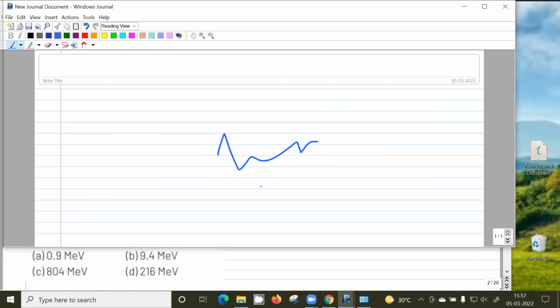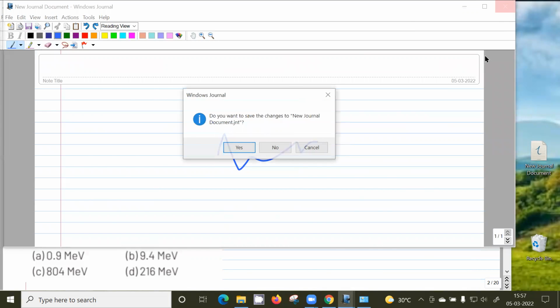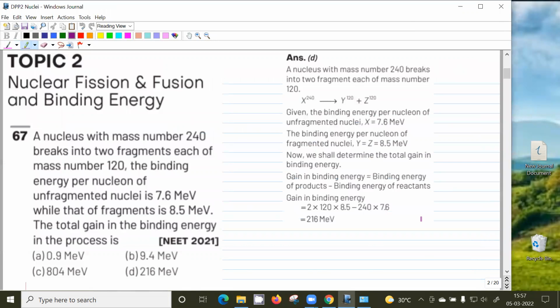Are you able to scribble on this using the mouse? Yes, sir. Okay, this is how the whiteboard works. You can save it by clicking this icon. Okay, then it's going to work fine.